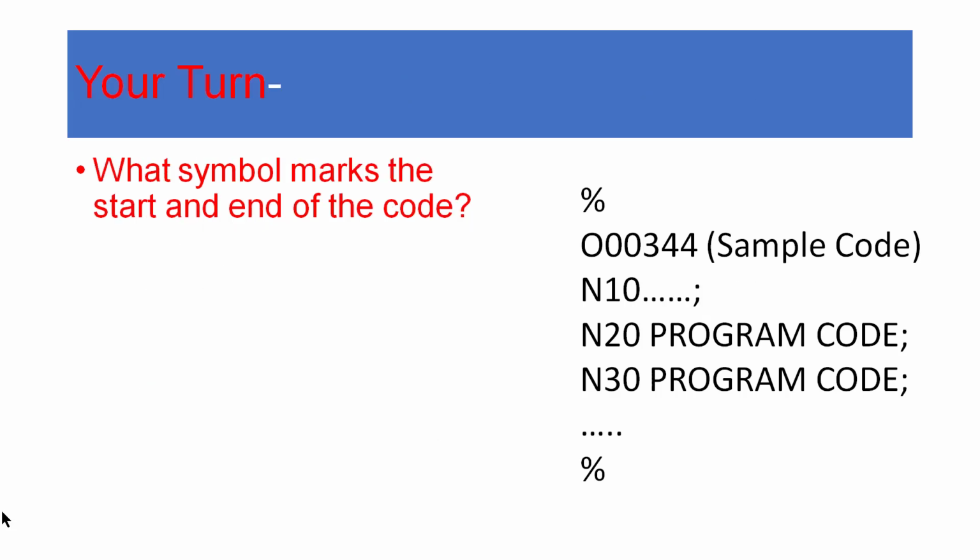So your turn. What symbol marks the start and end of the code? Yeah, it's that percent symbol, isn't it? What do we call that semicolon at the end? It's the end of block.